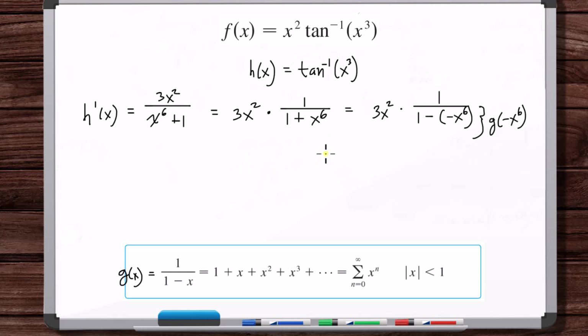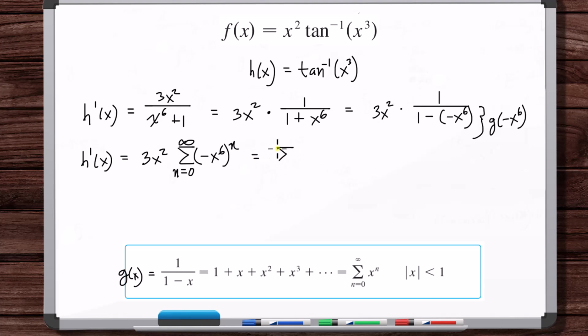Okay, so h prime of x is equal to 3x squared, and then minus x to the sixth to the n. Now we can just bring this 3x squared into the summation. It's not a function of n.